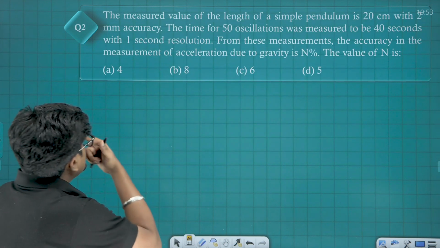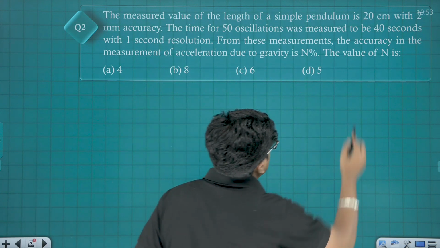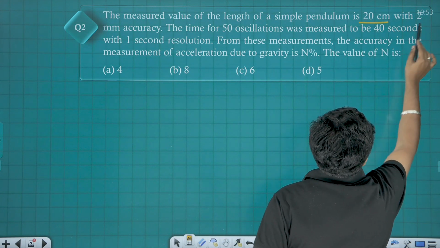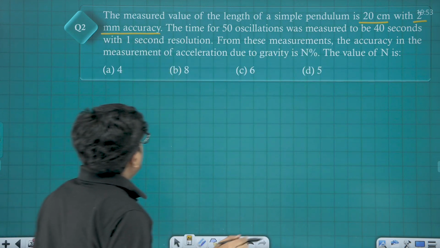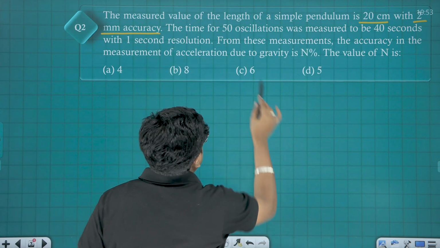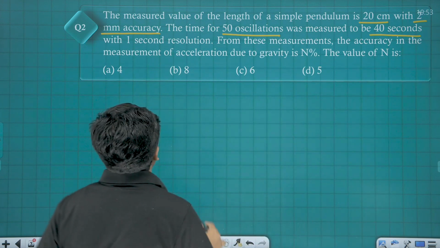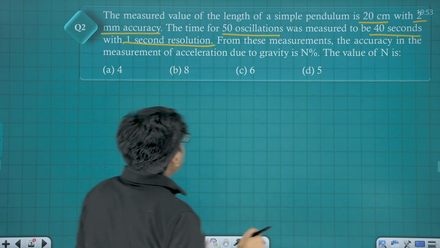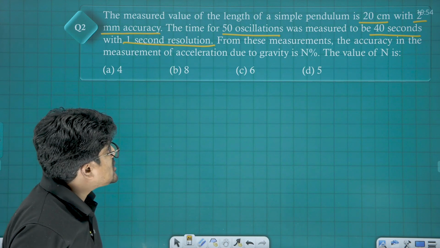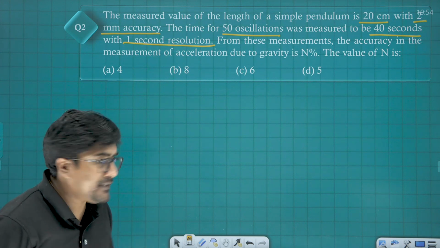The question says the measured value of length of a simple pendulum is 20 centimeter with 2 millimeter accuracy. The time for 50 oscillations was measured to be 40 seconds with 1 second resolution. From these measurements, the accuracy in the measurement of acceleration due to gravity is capital N%, then the value of capital N is.